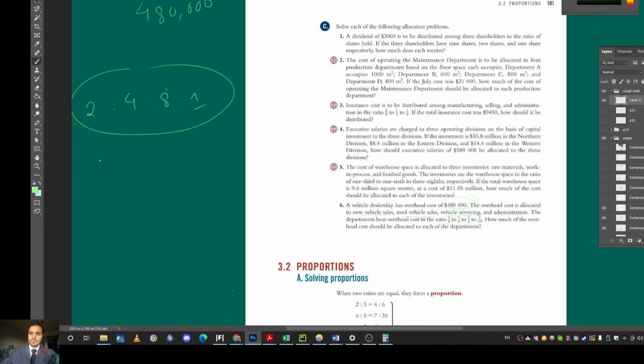So for the new vehicles, it's going to be 2 over 15, multiplied by 480,000. This is for new vehicles, right? 4 over 15 multiplied by 480,000 for used. 8 over 15 times 480,000 for vehicle servicing.